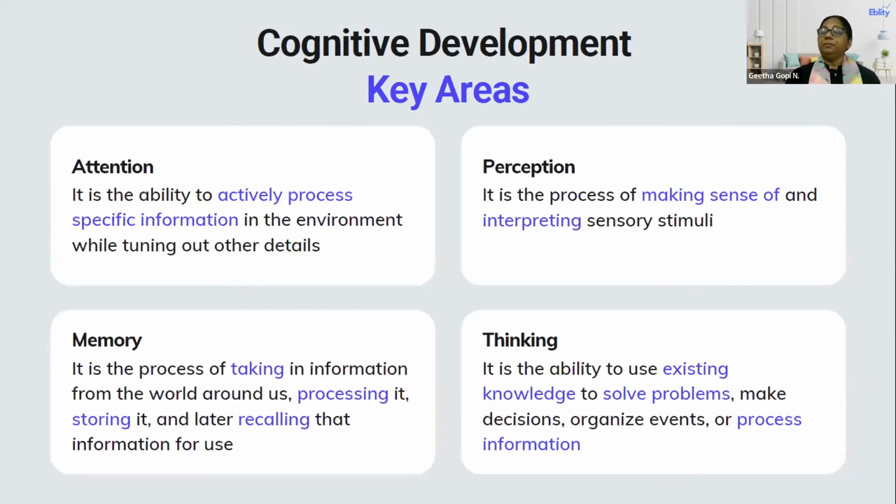And then thinking. Thinking is the ability which is the culmination of all these things put together: attention, perception, memory, and ultimately it is used in the thought process.